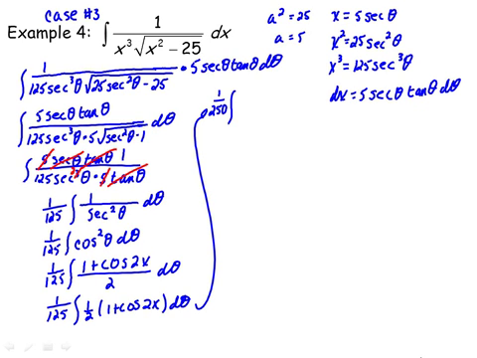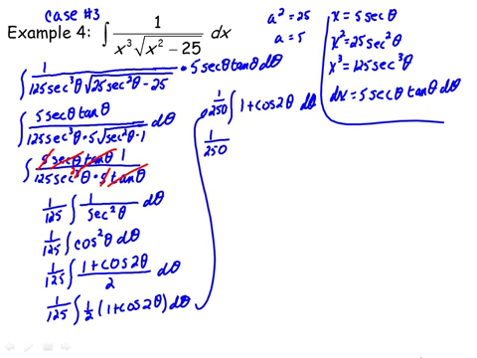times the integral of 1 plus cosine 2. It's not an x, it's a theta. Let me fix that. D theta. Alright, so we're going to have 1 over 250. Now this, I hope you can do because you're going to be tested on it tonight.